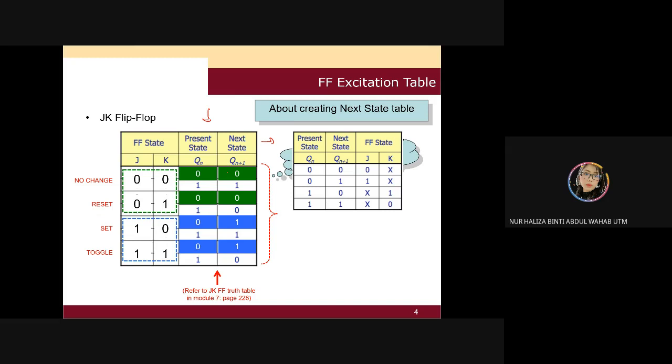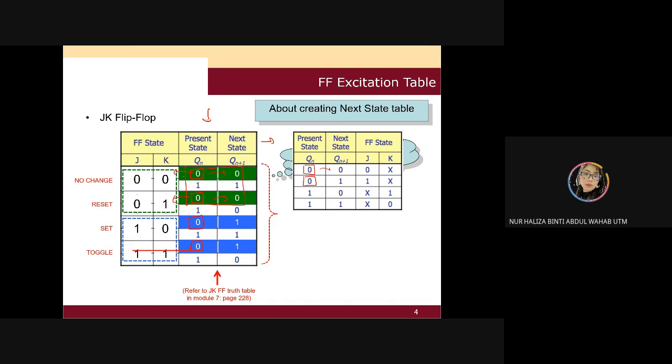How are you going to define? You're going to see in terms of previous one is 0. So there is a condition of your previous one is 0. After that, next state will be 0. This is your next state will be 0. This is your next state will be 0. So in these two conditions, you look at what is the input of your JK.